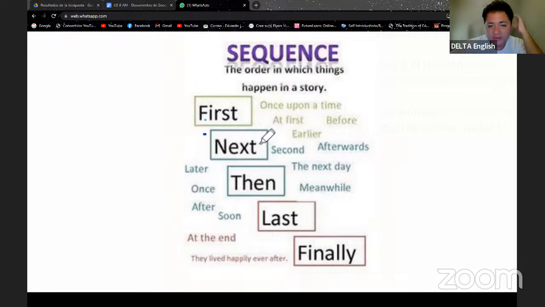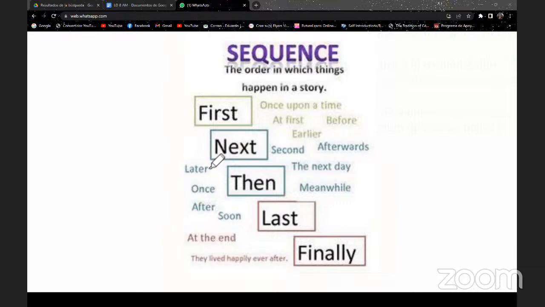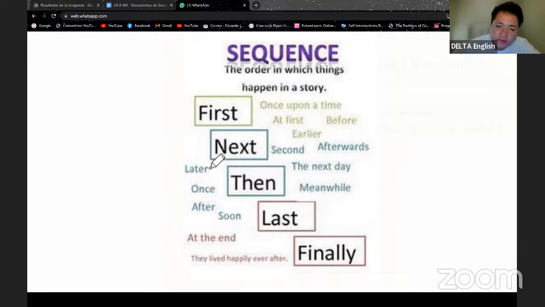Let's go now. Next. What is the meaning of next? Después o siguiente. Exactly. Very well. So when you say next, you can say as a synonym of luego, right?